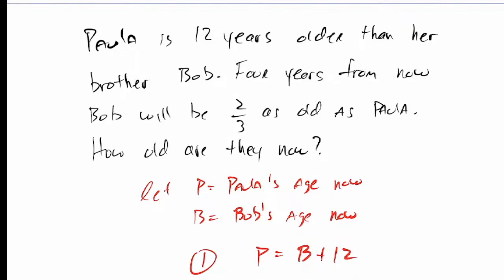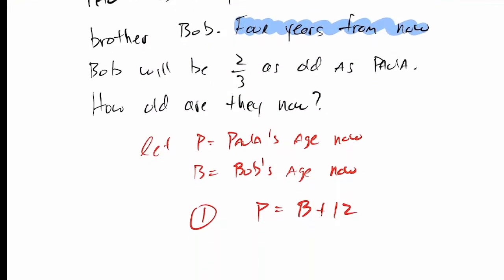Now it says 4 years from now. So 4 years from now, all of them will be 4 years older. So 4 years from now, Bob will be 2/3 as old as Paula. So in 4 years, Bob will be 4 years older, and at that point, he'll be 2/3 as old as Paula.